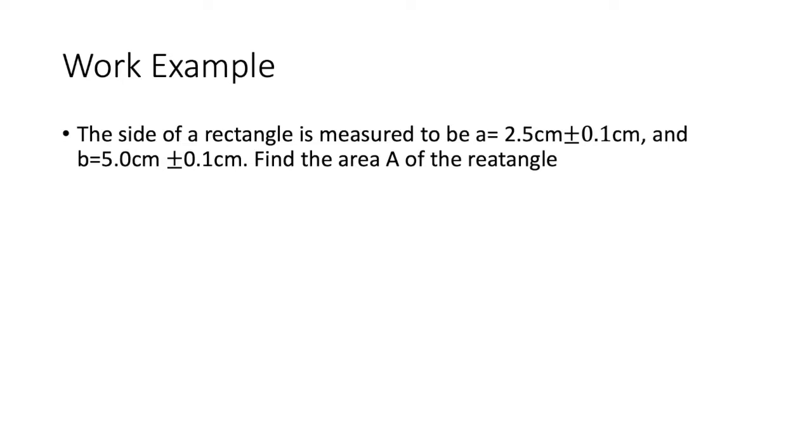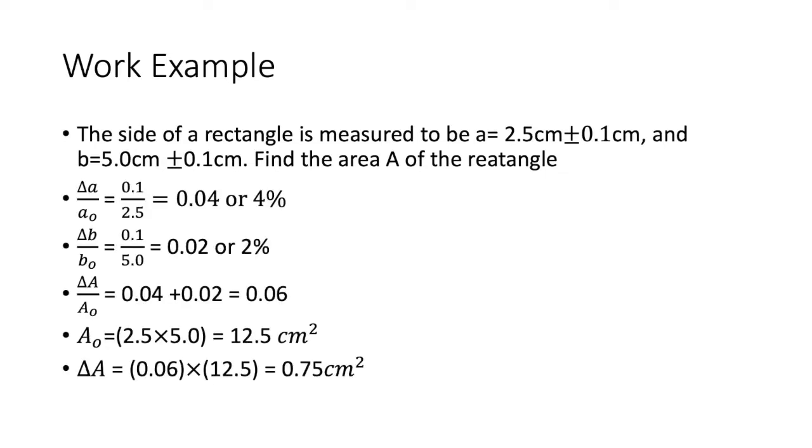So now I am going to go over the problem. To find the area of the rectangle, we need to calculate the uncertainty of the area. The first thing we need to do is calculate the fractional uncertainty of A, which is equal to delta A over A naught. Delta A is the absolute uncertainty, and A naught is the estimate value.